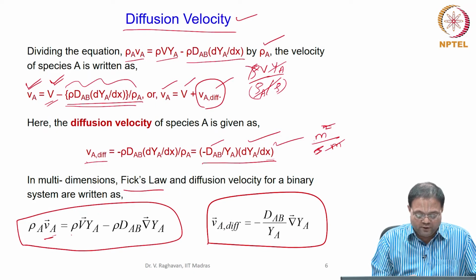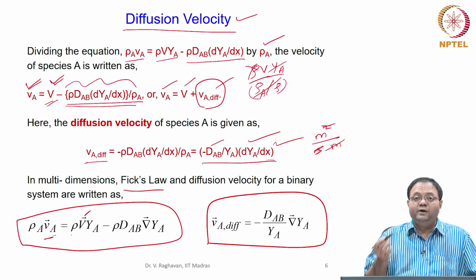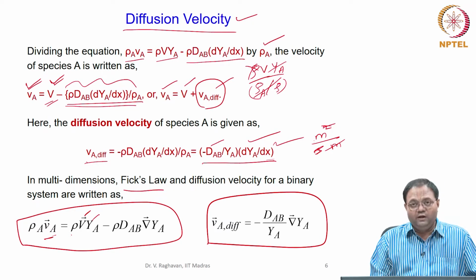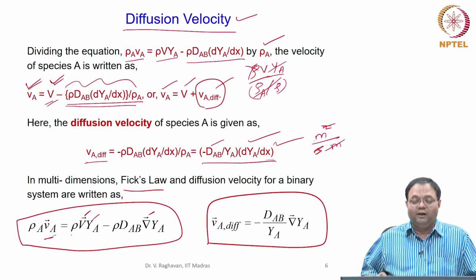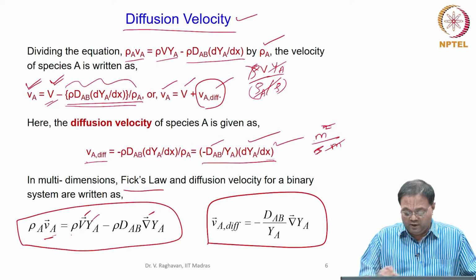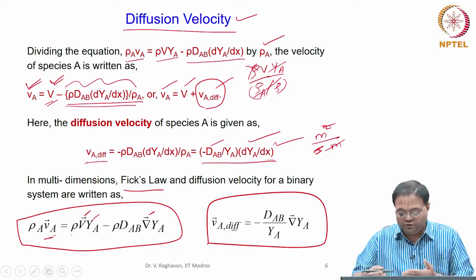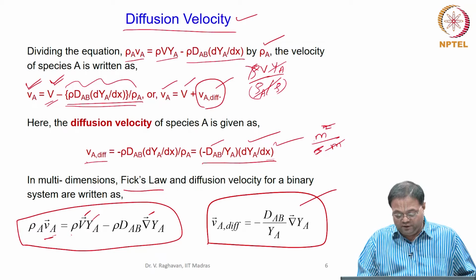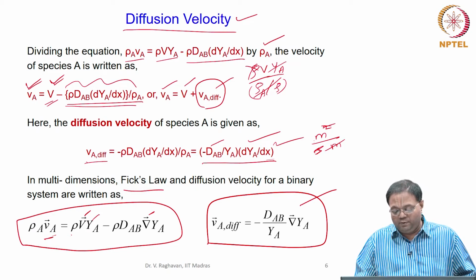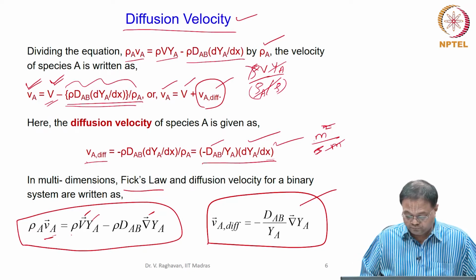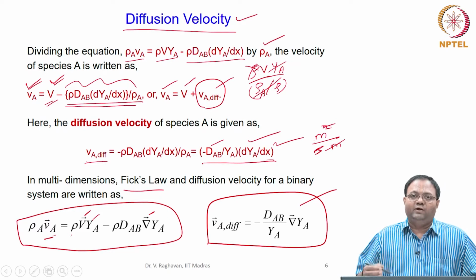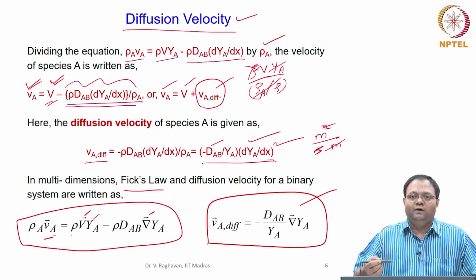Rho is the mixture density and V vector is the mixture velocity vector, times Y A, minus rho D A B into del Y A. Now the same definition can be applied to get the diffusion velocity vector of species A, equal to minus D A B by Y A into del Y A. This is a very simple way of calculating this.